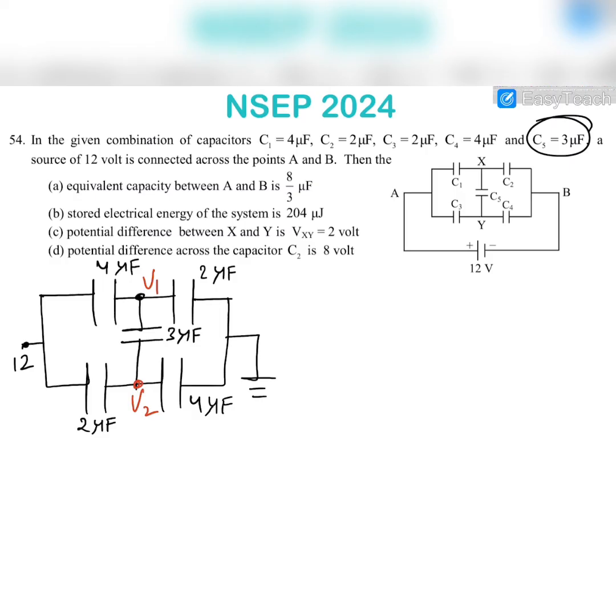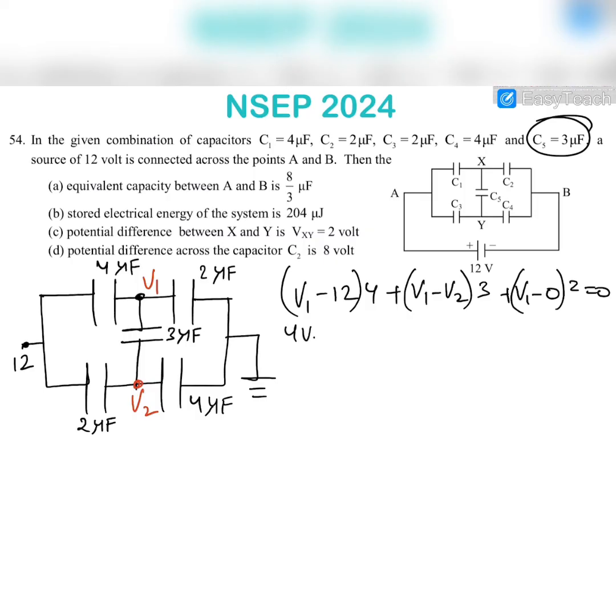When we apply nodal analysis, we are adding the charges flowing in all three directions, assuming that V1 is highest if we are applying it at this node. So (V1 minus 12) into 4 plus, because Q is equal to C into V, (V1 minus V2) into 3 plus (V1 minus 0) into 2 is equal to 0.